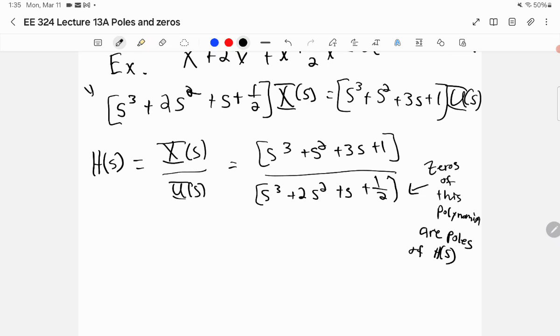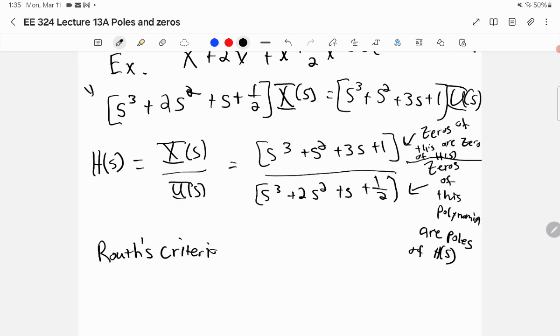So effectively, that's where the transfer function blows up to infinity. And these are called the zeros. So the zeros of the numerator are the zeros of the transfer function, and the zeros of the denominator are the poles.